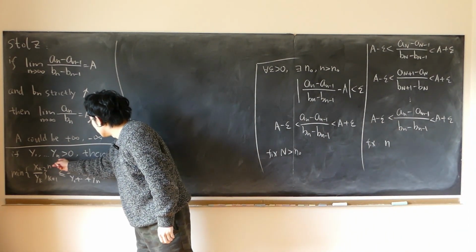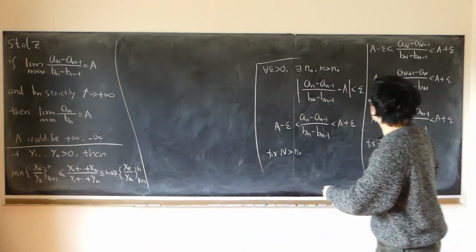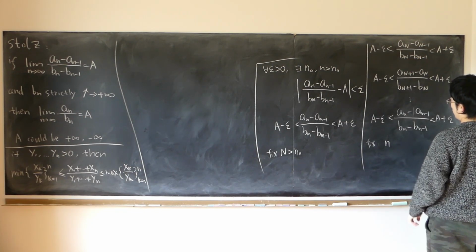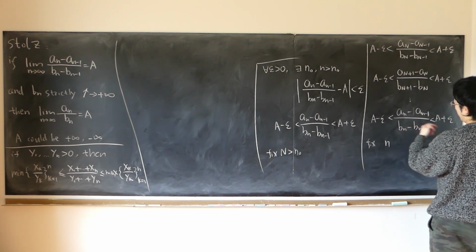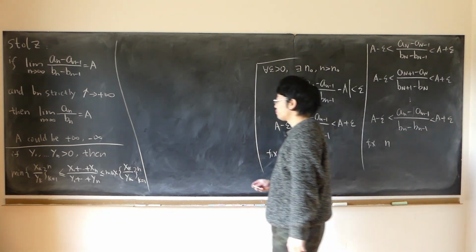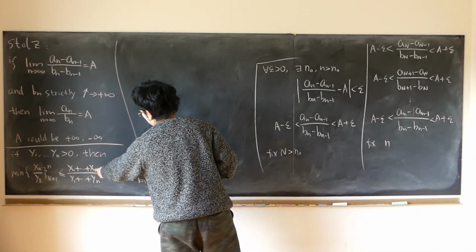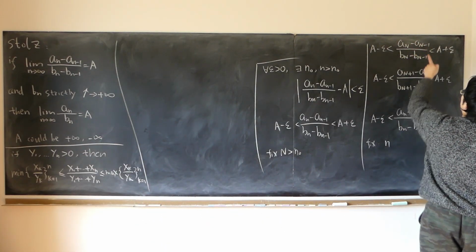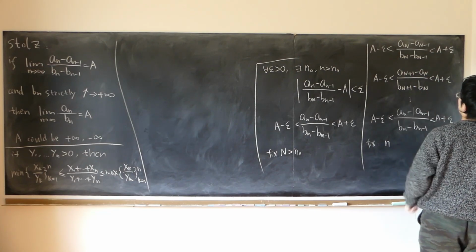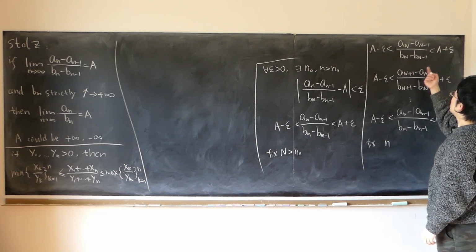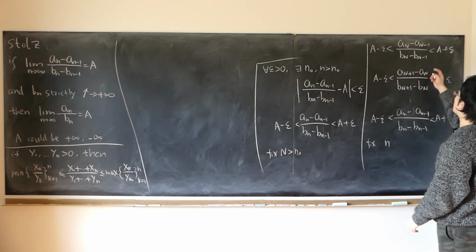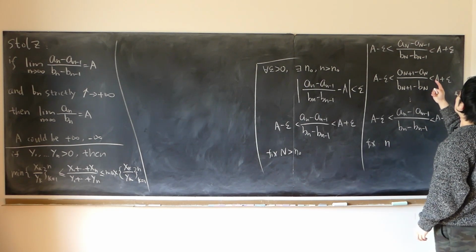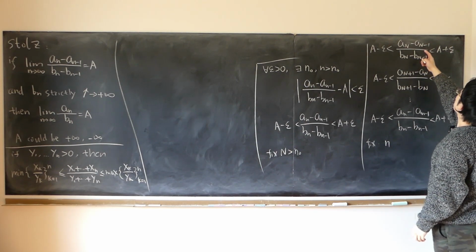Every yn is positive. In other words, I can treat every denominator as yn: y1, y2, up to yn. I can apply this lemma. So what's the sum of the numerators? This is my x1 and this is my x2; add them up. First of all, it's easily a telescoping series. So an and minus an cancel out, and minus an minus 1 we keep.